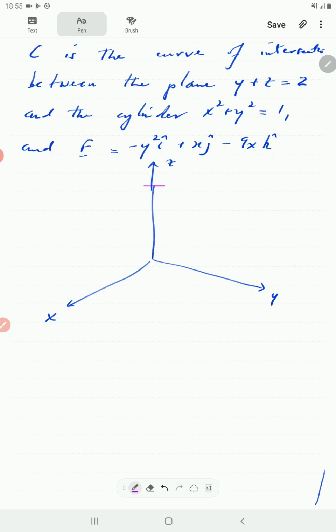So there is our cylinder, extending this way and up that way.